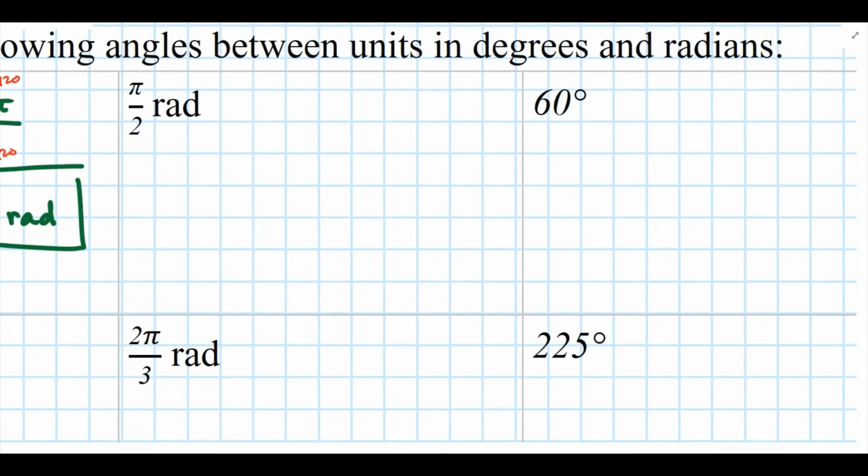In the next example, we have a measurement in radians that must be converted to degrees. We would multiply by 360 over 2 pi.